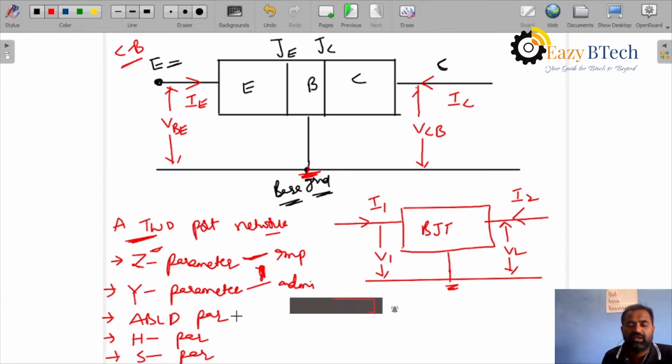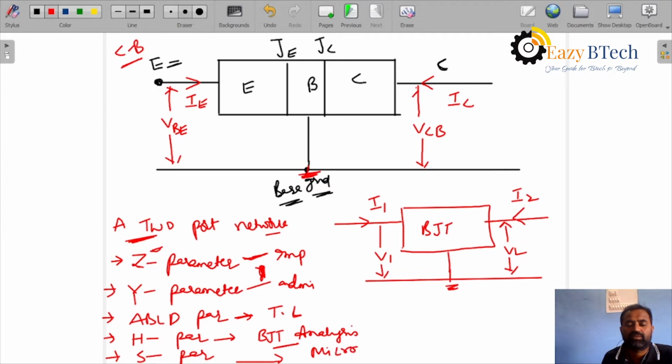ABCD parameters are used for transmission lines, and H parameters are especially used for BJT transistor analysis; they are sufficiently used. S parameters we use for incident and reflection coefficients in microwaves. In microwave high-frequency applications we use S parameters, which are known as scattering parameters.